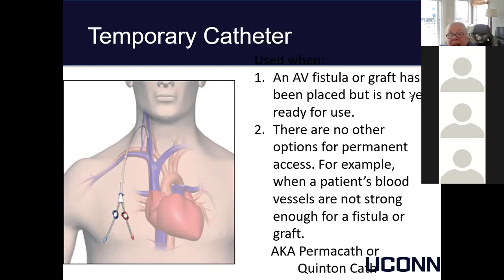They're put in like central lines. These need to go into large veins. In these cases, there is no access to arterial blood flow. These are always placed in veins.